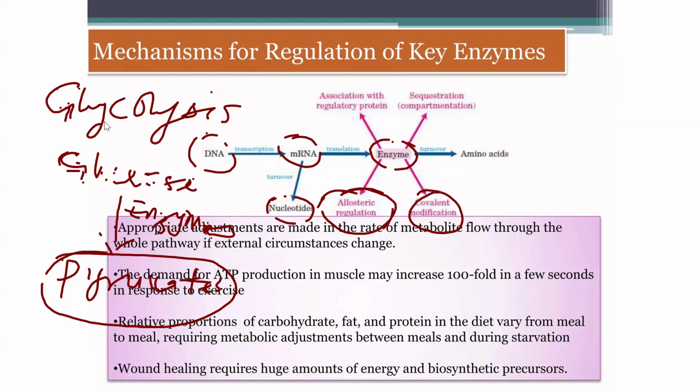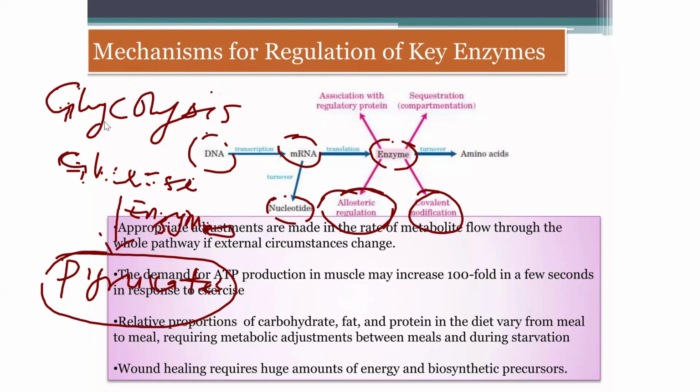Through allosteric regulation, that is by using activators or inhibitors, they can bind to the allosteric site of the enzymes, which can lead to an increase or decrease in the enzyme's activity. And there is also covalent modification, where we add some molecules which can be used to activate or inactivate the enzymes.